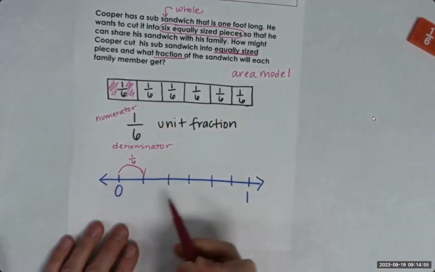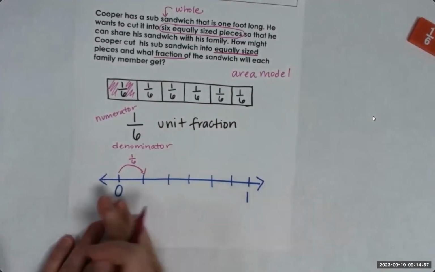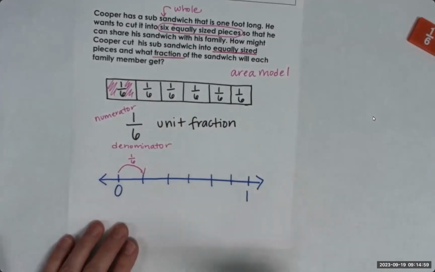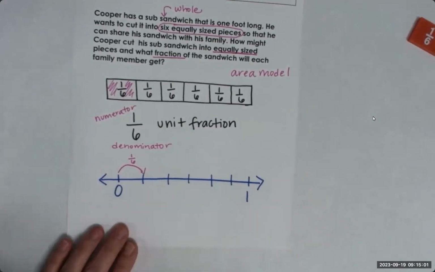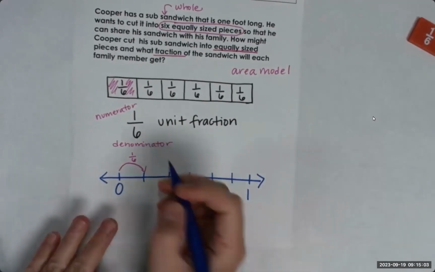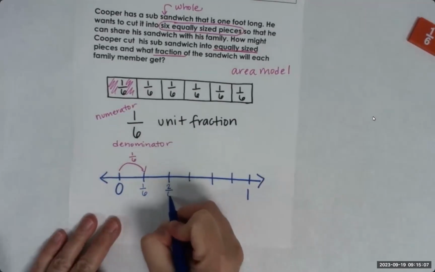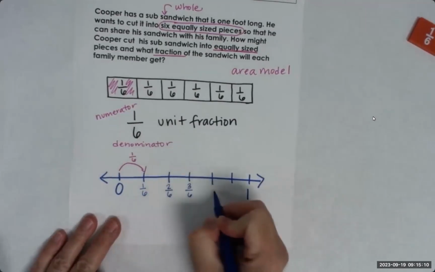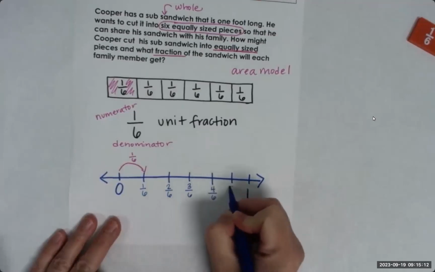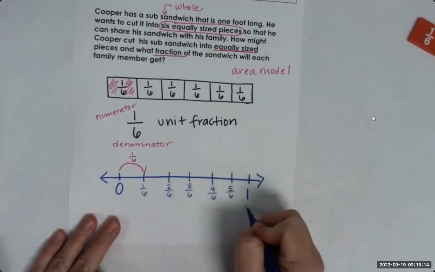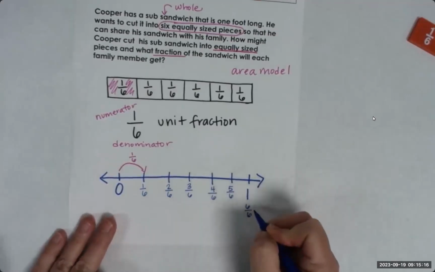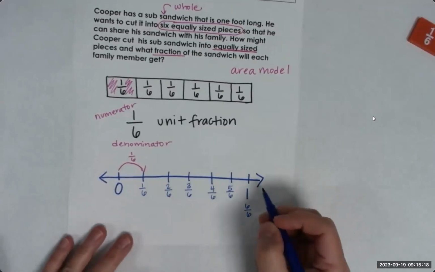However, when I'm numbering on a number line, I count up starting with my unit fraction. So I could start by counting 1/6, and I'm going to count to 2/6, 3/6, 4/6, 5/6, and then 6/6. And I want to notice that 6/6 is equivalent to 1 whole.